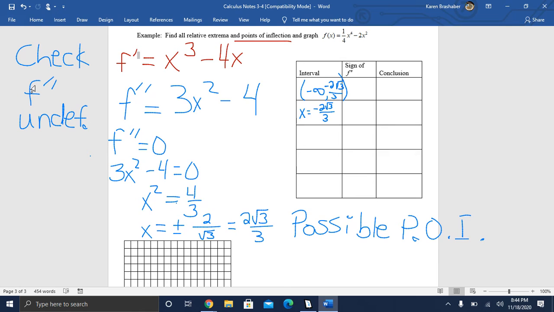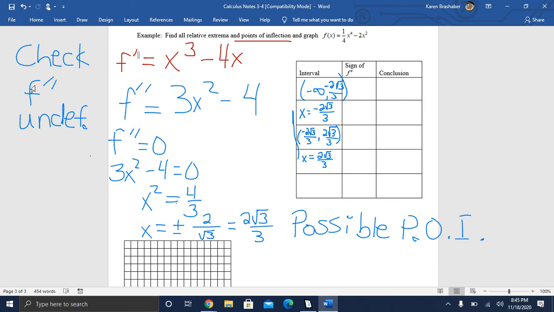And we'll just continue on as much the same as what you had to do with the first derivative. So between your two possible points of inflection, we'll look at that interval as well. We'll look at what happens at that positive 2 square root 3 over 3. And then finally, we'll take a look at our last interval.